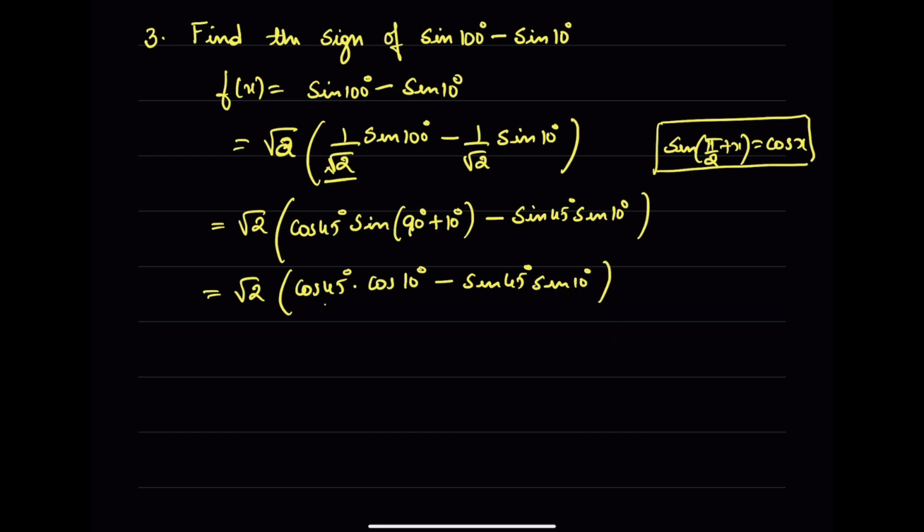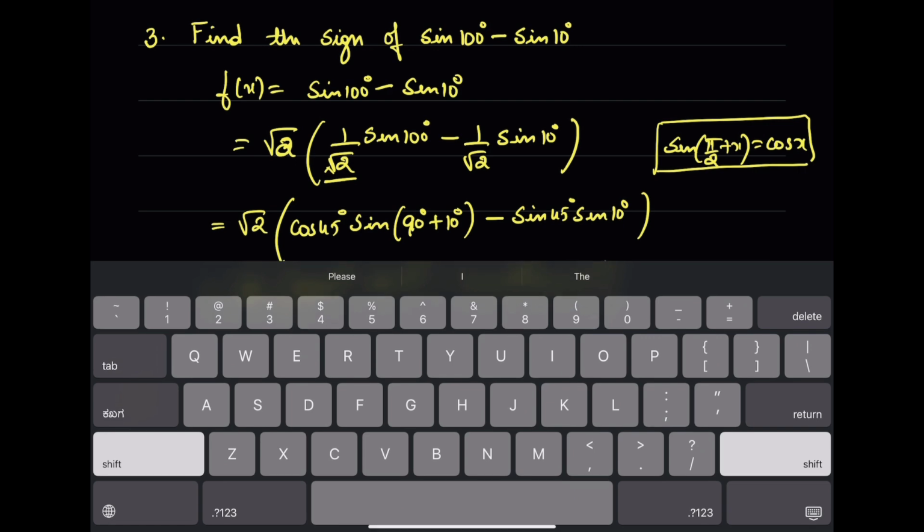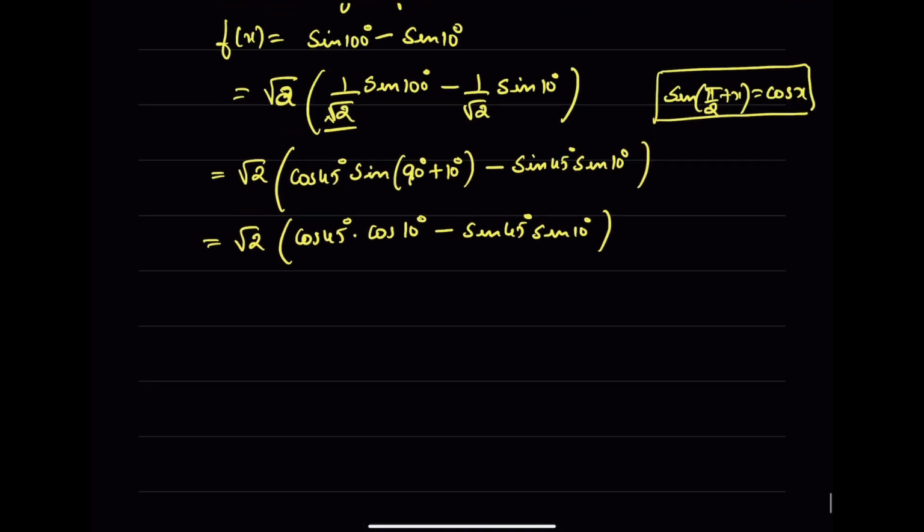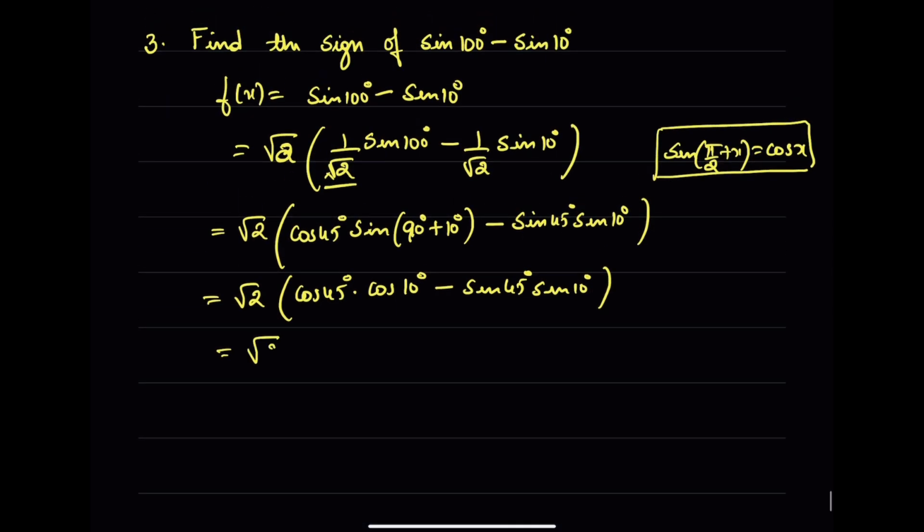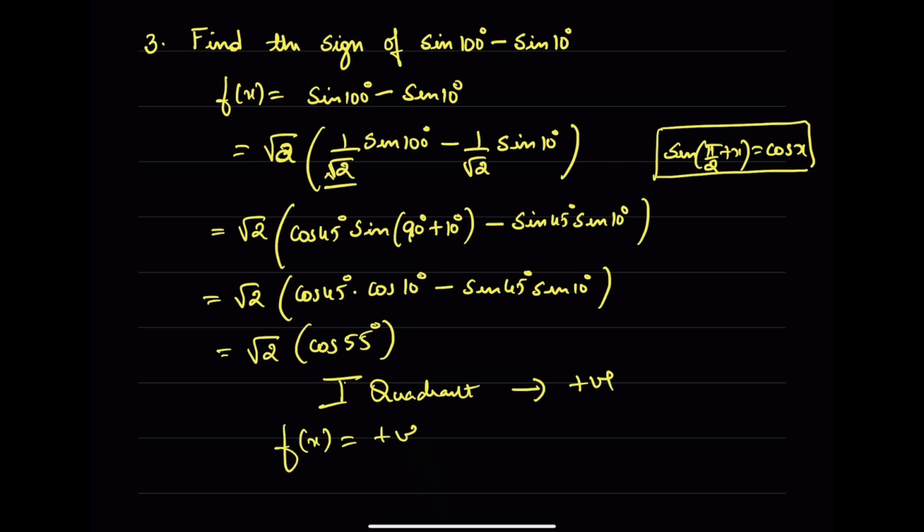Now if you observe this, this is of format cos of a plus b, correct? So this will be square root of 2 multiplied by cos of 55 degrees, and cos 55 is in the first quadrant where it is positive. So f of x is positive.